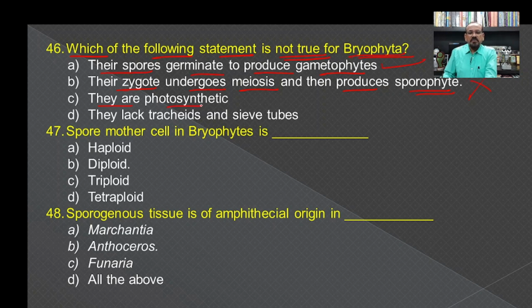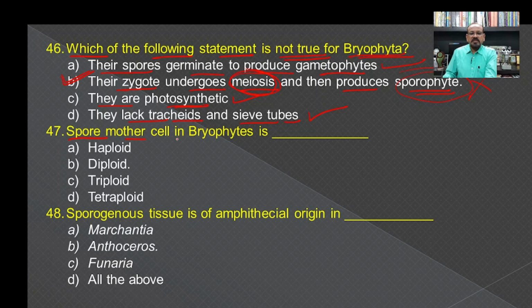They are photosynthetic, this is correct. They lack tracheids and sieve tubes, this is also correct. So there is no meiosis during formation of the sporophyte, but the sporophyte undergoes meiosis, forming the haploid spores for the development of the gametophyte, and hence B is not a correct statement.